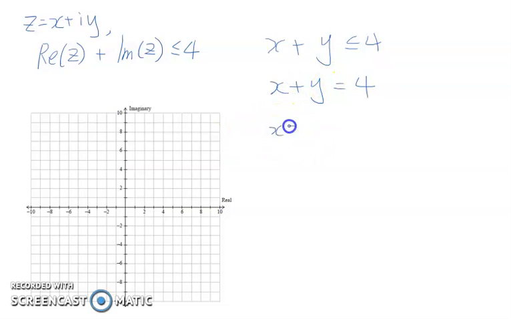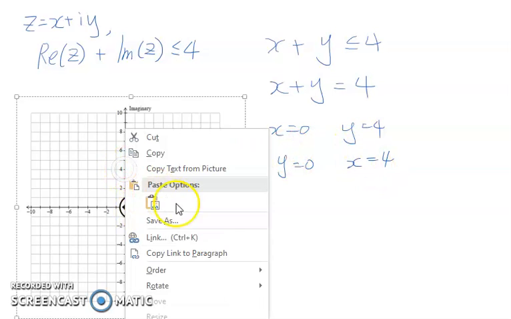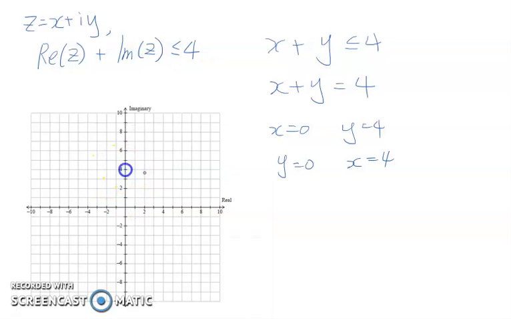When x is equal to 0, y is equal to 4. When y is equal to 0, x is equal to 4. So we have two intercepts here. Now I'm going to draw those intercepts. So we have 4 and 4 here. And I connect these two dots. That will give me this straight line.